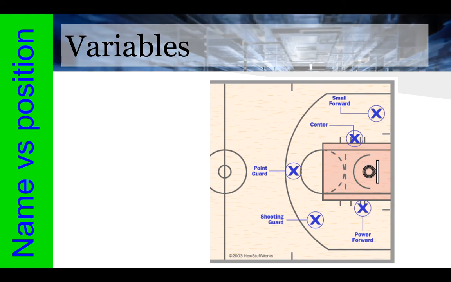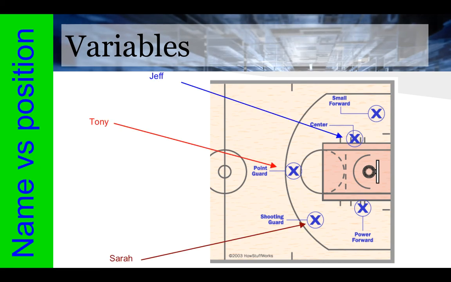We need to have, of course, a way to name those variables just like cells, but it's more similar to a game, for instance. We have different players and we need to name those players. We can name them Jeff, Tony, or Sarah, but at the same time, they play a particular position that is different among each other, and every position has its unique value within the whole team.